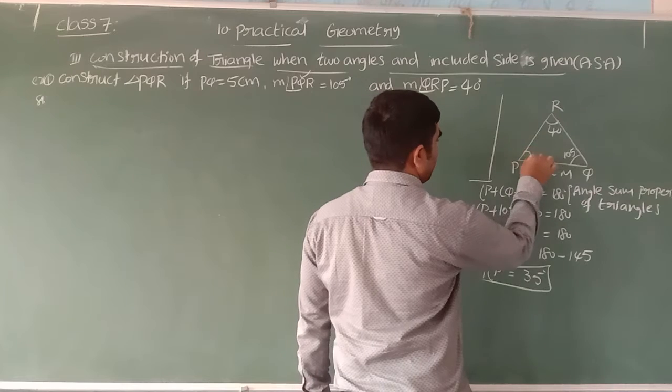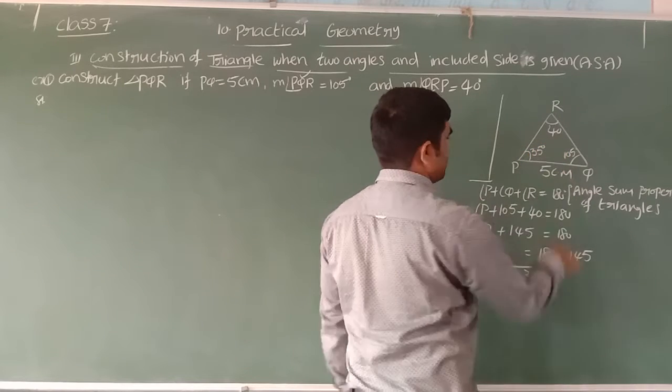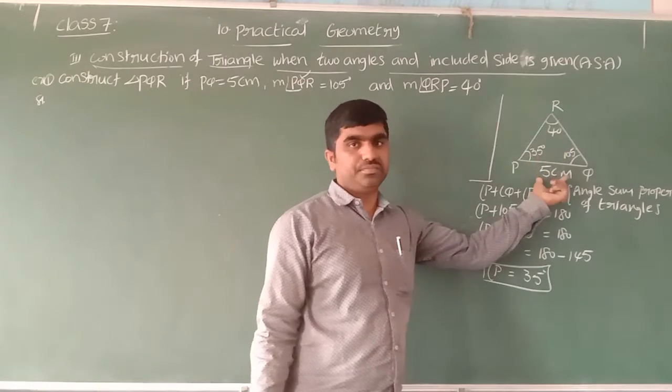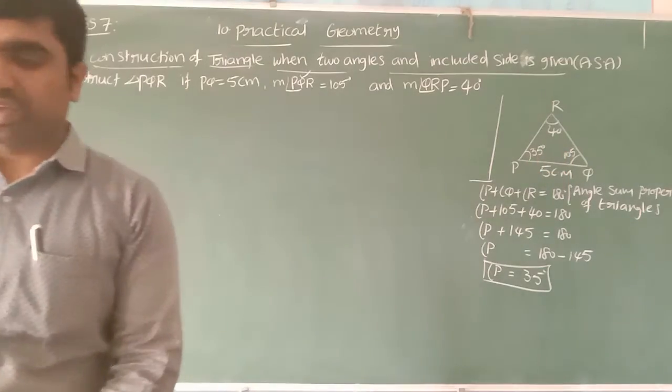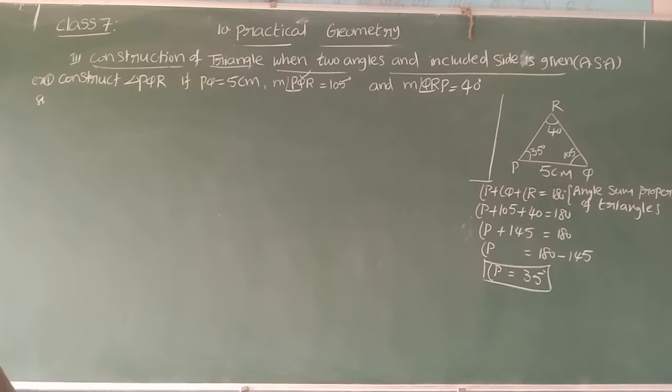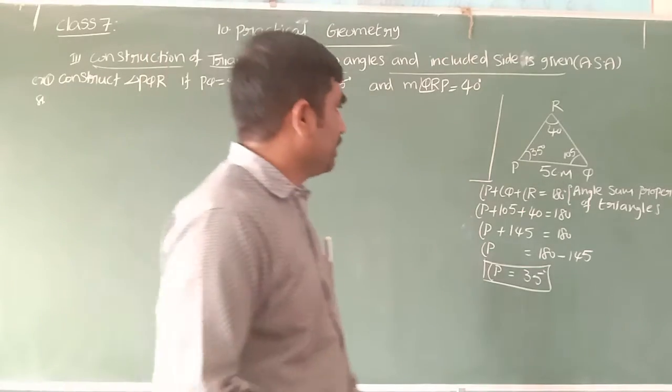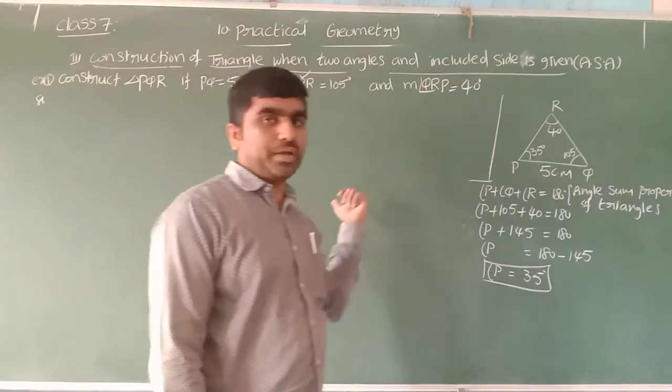Now I got P as 35 degrees. Yes, now we know the measure of two angles and the included side, so we can draw a triangle. First, let me draw a line segment whose length is 5 centimeters. By seeing this rough sketch, we will draw the main figure.